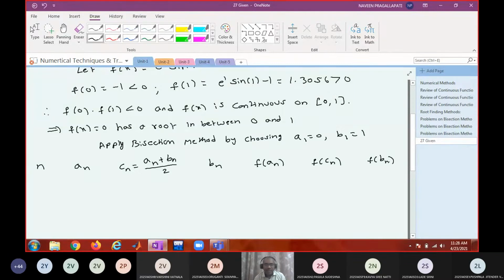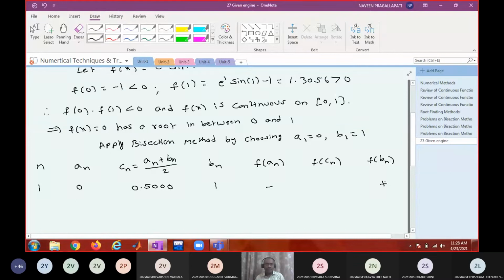In the first iteration a1 is 0, b1 is 1, f of a1 is negative, f of b1 is positive. Now find the midpoint. The midpoint of 0 and 1 is 0.5000. So find the sign of f of c1.